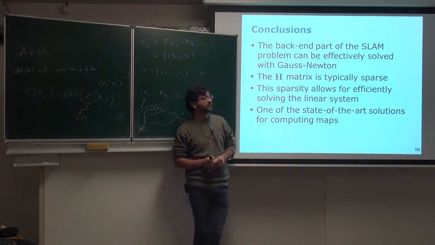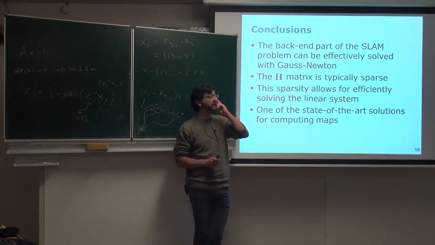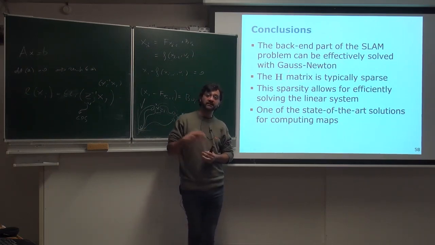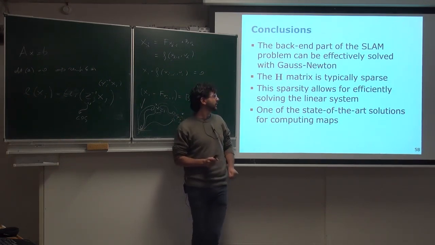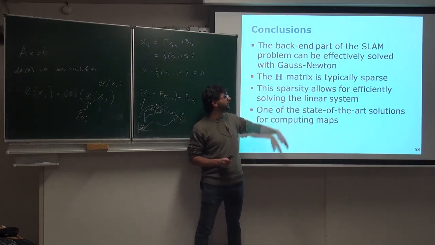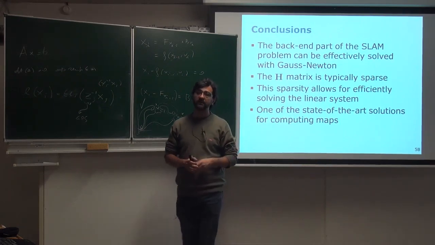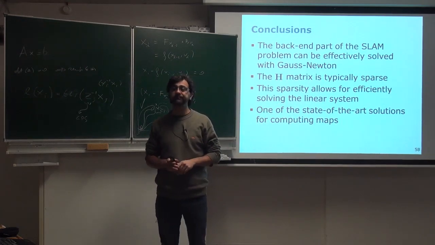The trick and the interesting property is that the H matrix is typically sparse, and this allows us to have a very efficient solution for the least squares problem. And one thing we didn't show is how to build up this graph, and this will come within the next lectures.